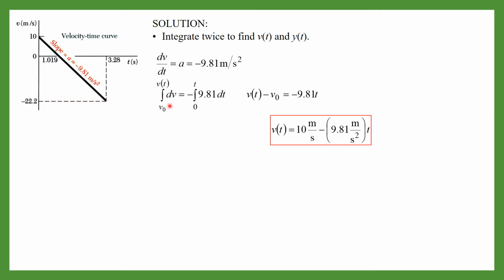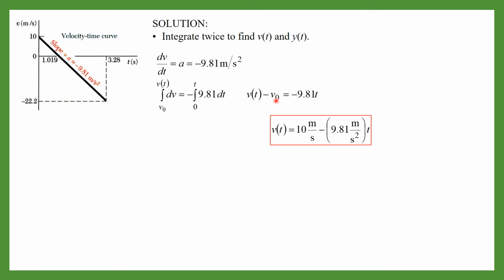You just put this value, take dt here, and integrate this equation. This integration is quite straightforward. On the LHS we will have Vt minus V naught, and on the RHS this is a constant. When you put the limits you will get minus 9.81 t.